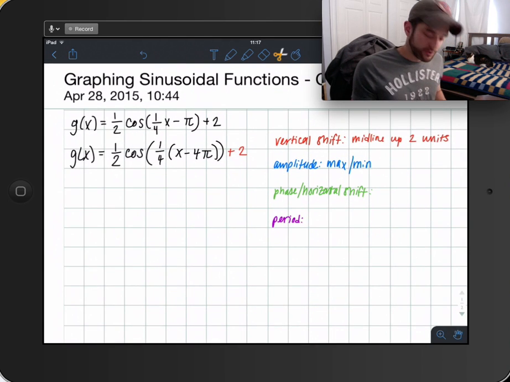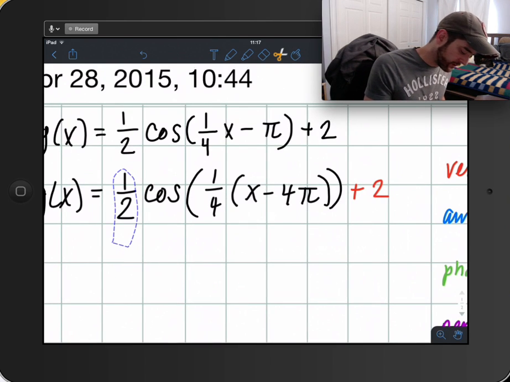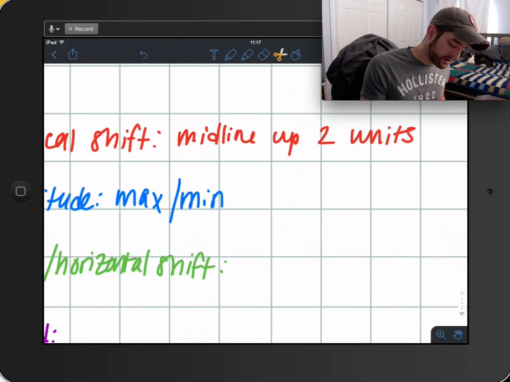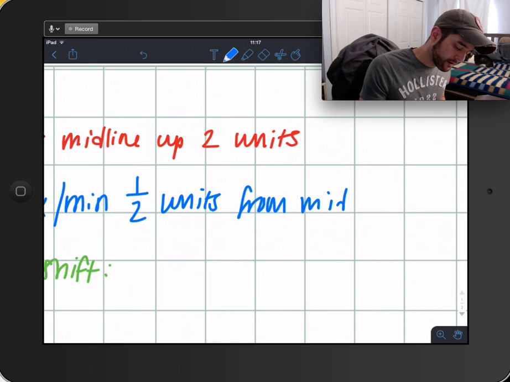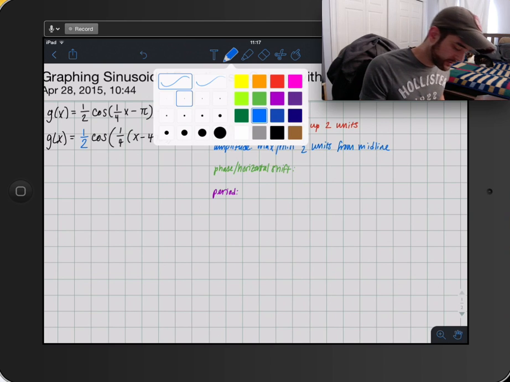The next one is amplitude, and that's the value right up front. Usually right up front, not always, but usually. And we have 1/2, which means that the max and min values are 1/2 unit from midline. So we're going to have a very small graph, small vertically.